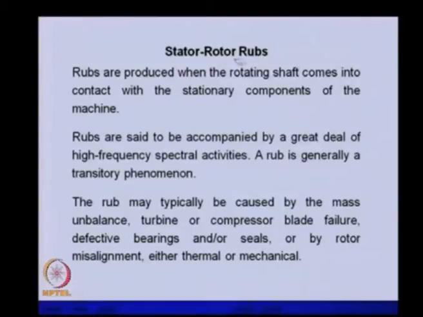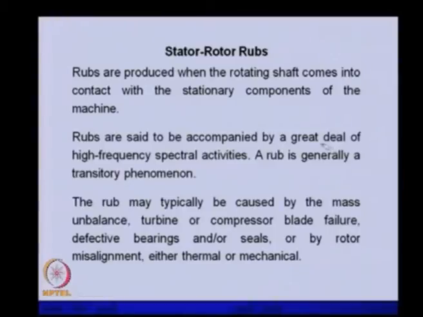When the rotor touches the stator, there will be a rub, and this may reflect in the vibration signal. Rubs are produced when the rotating shaft comes into contact with the stationary component of the machine. Rubs are said to be accompanied by a great deal of high frequency spectral activity.